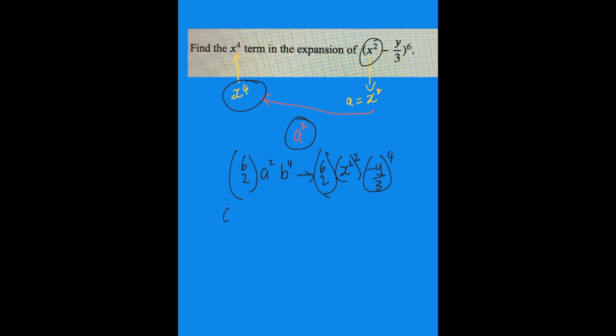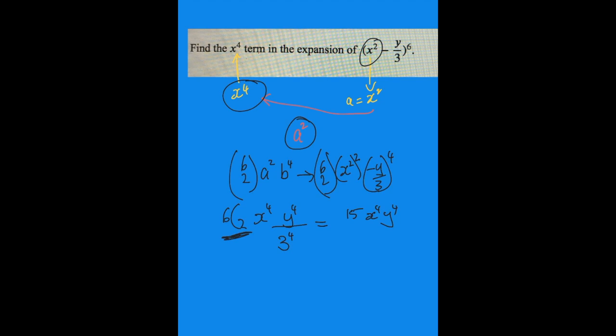So you can put that into your calculator: 6 choose 2, you've got x to the power of 4, negative y to the power of 4. That's just going to be positive over 3 to the power of 4. Putting 6 choose 2 into your calculator, that's going to give you 15.